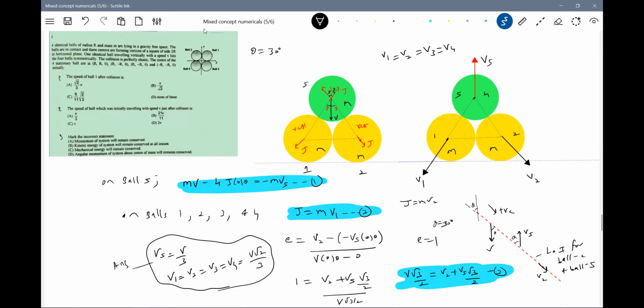Component of velocity along the line of impact. Along the line of impact is what you should measure velocities, no? Velocity of the ball 5 along the line of impact. This LOI, it is called. What is LOI? Line of impact.